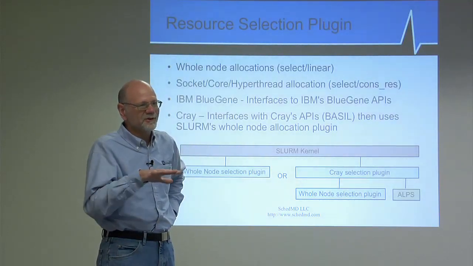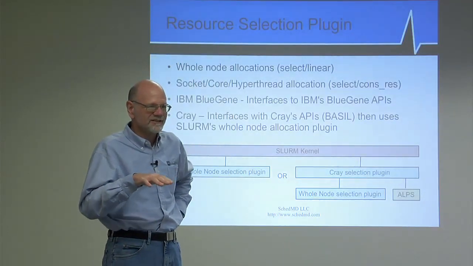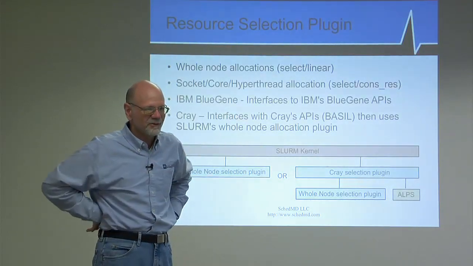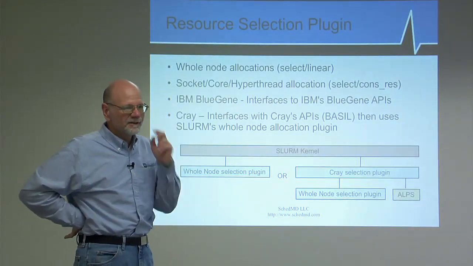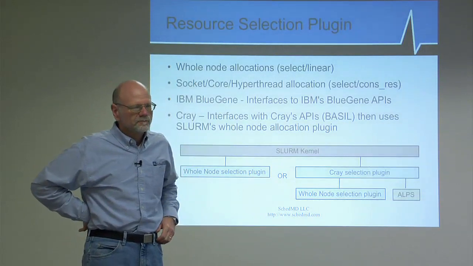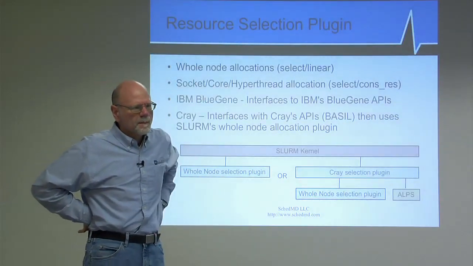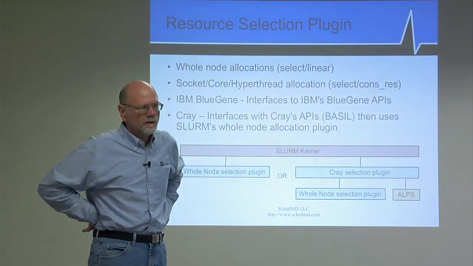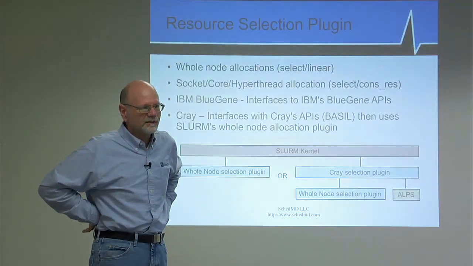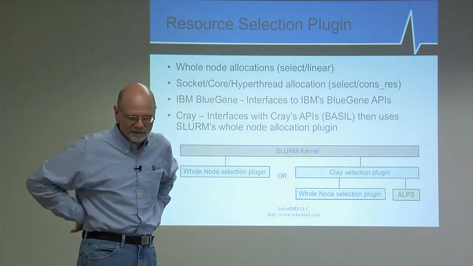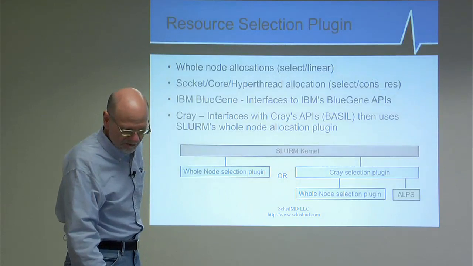There's in the kernel basically a generic plugin mechanism that handles the resolution of that sort of thing. Can you give a round number, like how many plugins there are? Yeah, there's about 80 that we provide with Slurm.